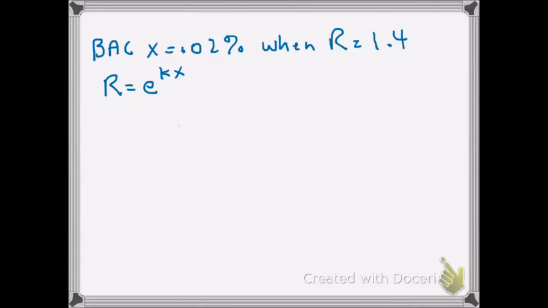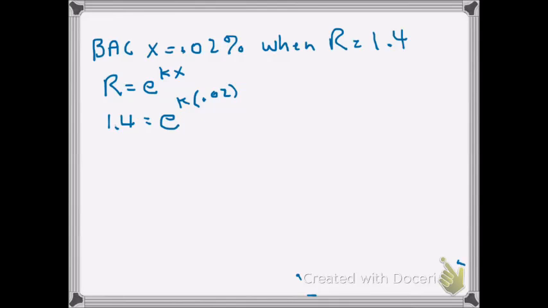So substituting in 1.4 for r, and for x we put in 0.02. That corresponds to the relative risk of 1.4.